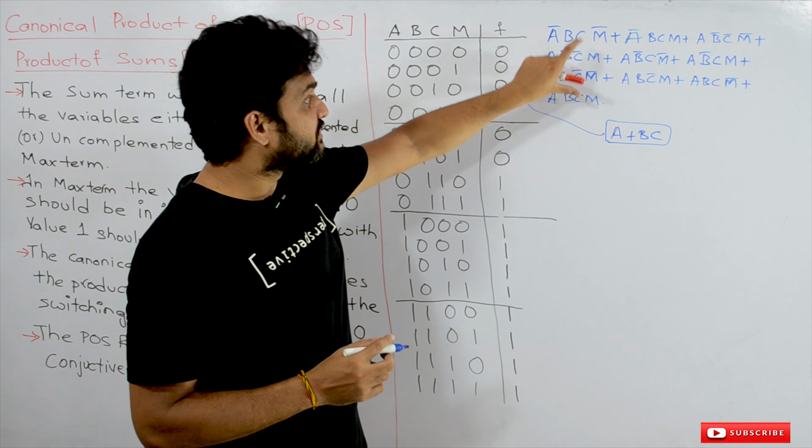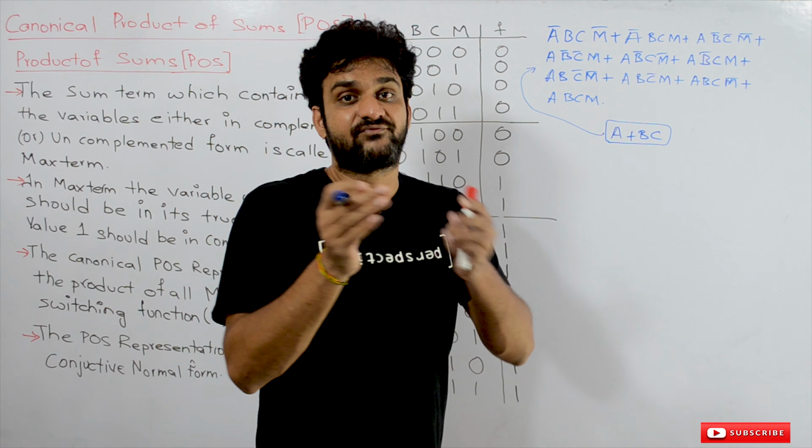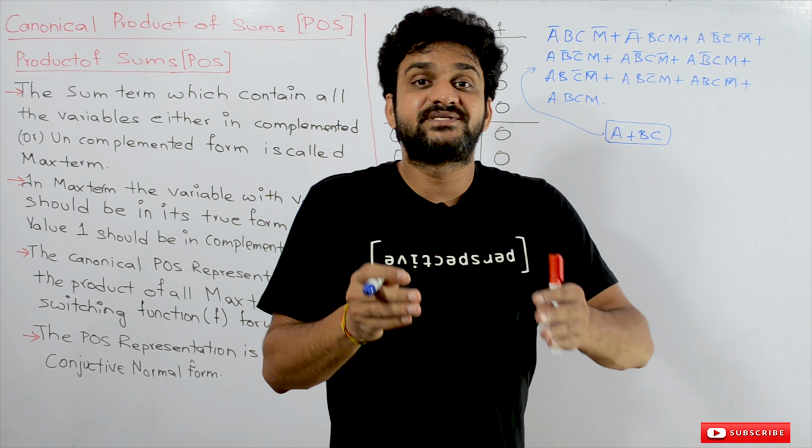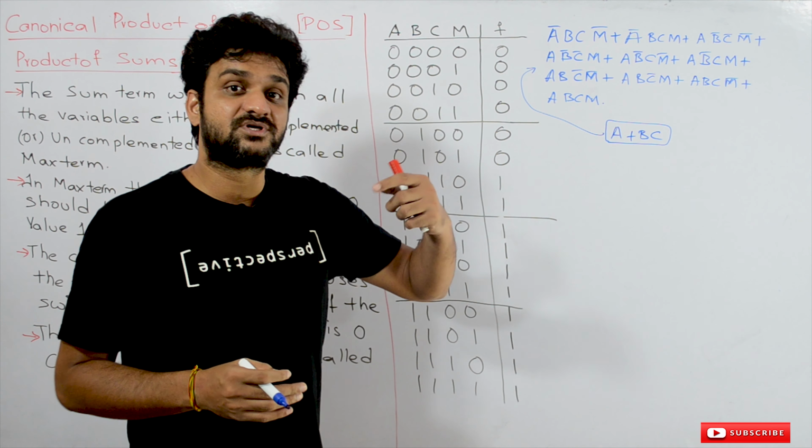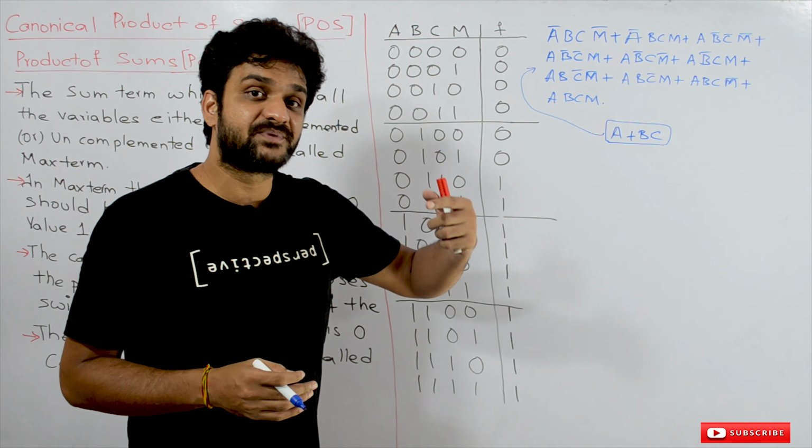In the same way, the other way to represent the function is to represent the combinations which are generating outputs as zeros. In the sum of the products, we represented the terms which are generating the outputs as 1.